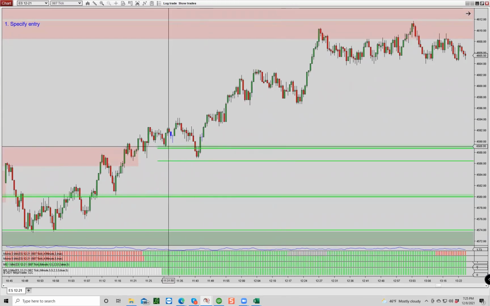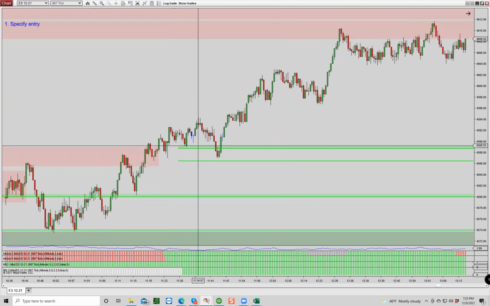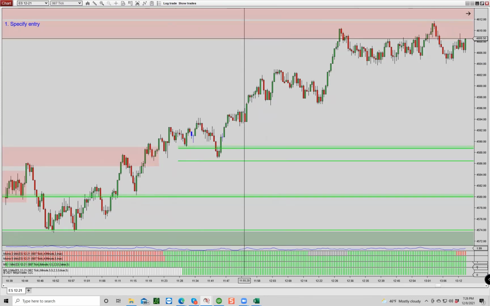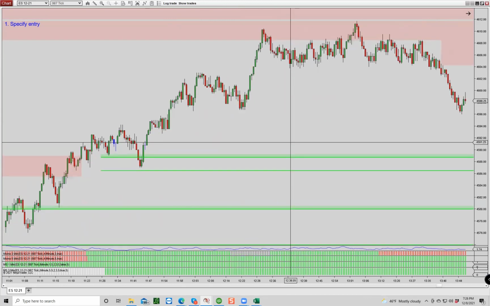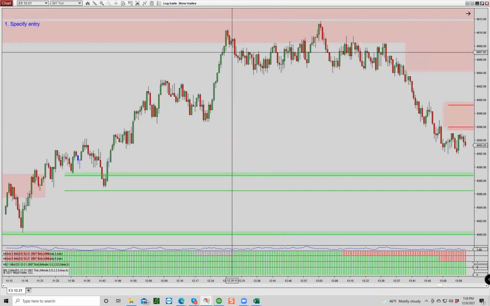Another idea here, you could almost trade this zone to zone because the market does tend to fill those voids, right? I don't know how old this zone is, but you can see it's just trading between these, and you can see that's where it fails. So think about this, guys.